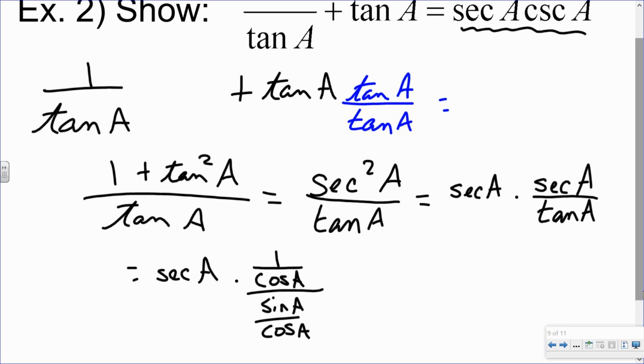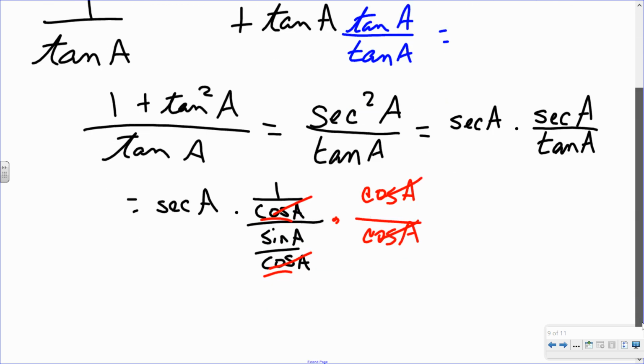Or I could look at these denominators inside the complex fraction, and I could multiply the main numerator and the main denominator each by that least common denominator. So my cosines cancel, and now I've just got a 1, and my cosines cancel, and I have a sine. And that's getting kind of messy on me, so let me write that down so I can see what I'm working with. Secant A times 1 over the sine of A.